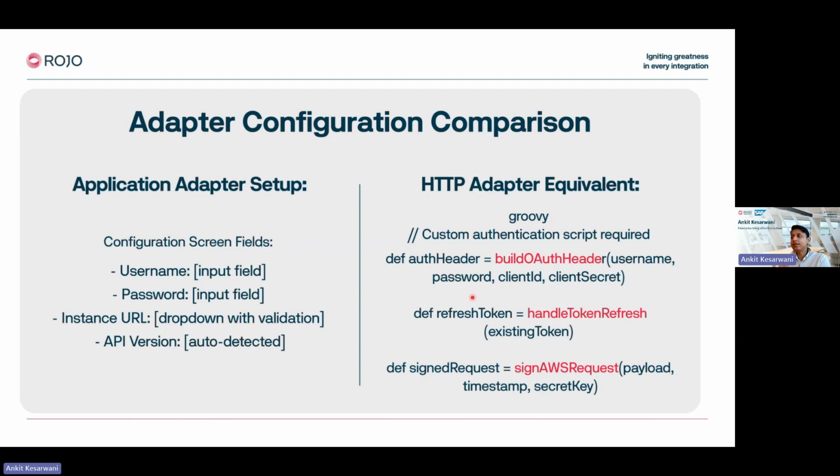I will have to handle the session of those integrations. I will have to understand how each operation is working and has to be taken care of. In the case of the application-specific adapter, that is being taken care of. You're already getting these schemas available for you, which you can just start mapping according to your business process and then use. That's how the difference comes in from weeks to days.